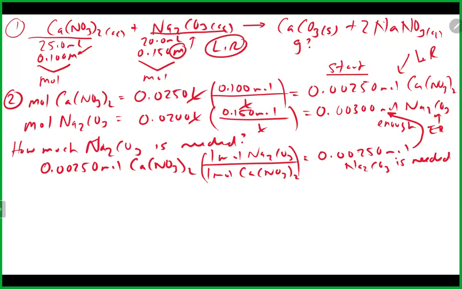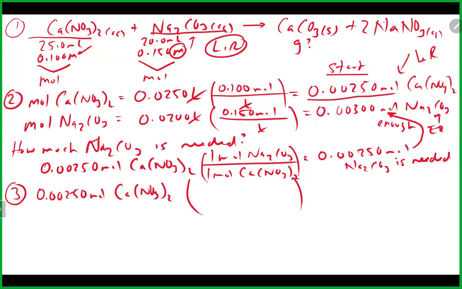At this point, we can continue on with our normal stoichiometry steps using our limiting reagent starting amount, which is 0.0025 moles of calcium nitrate. Once again, we can now go to the equation and find the relationship between the calcium nitrate, which is our limiting reagent, and our product, which is the calcium carbonate. And we've got a couple of lucky ones so far.